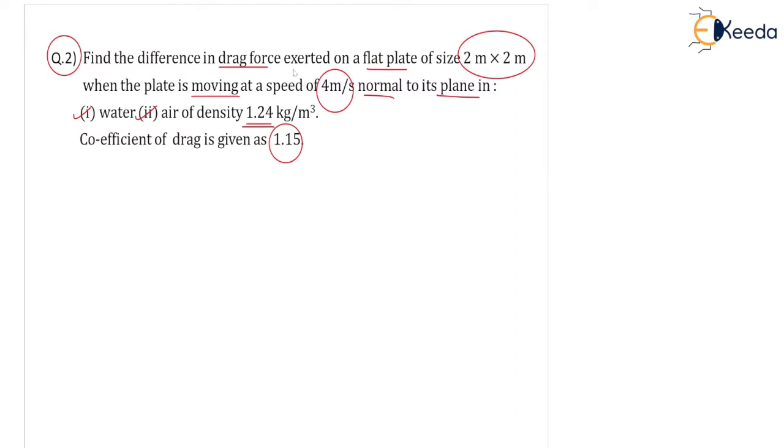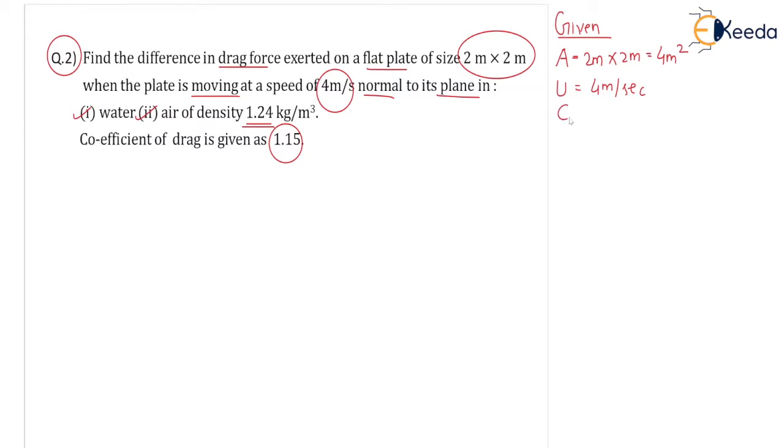So find the difference in drag force exerted on a flat plate. Flat plate area is given. Area is equal to 2 meter into 2 meter, that is your 4 meter square. When the plate is moving at a speed of 4 meter per second, capital U is given as 4 meter per second, normal to its plane, that is perpendicular, in water.